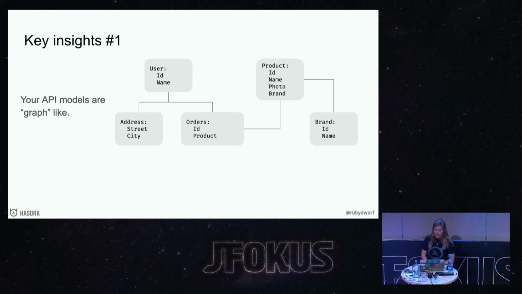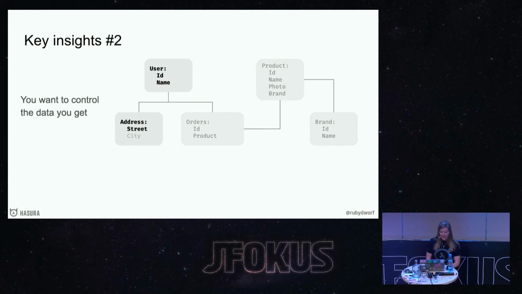So one of the key insights is that the API is modeled as a graph. So you can have multiple top-level nodes, and then it's like, I am sure you all know what a graph is. It's how it's modeled compared to relational databases.